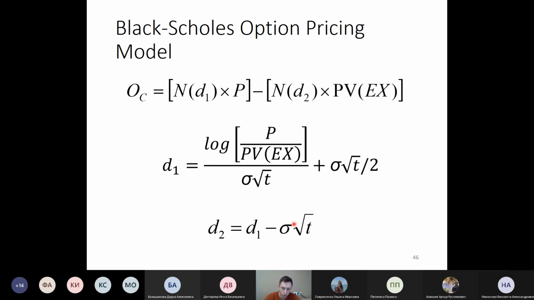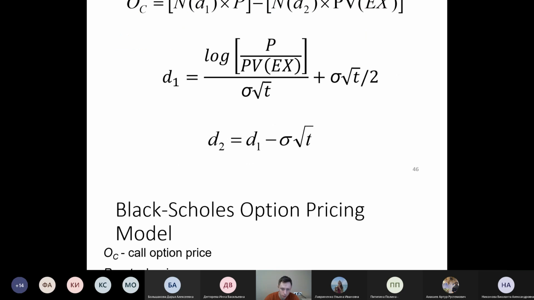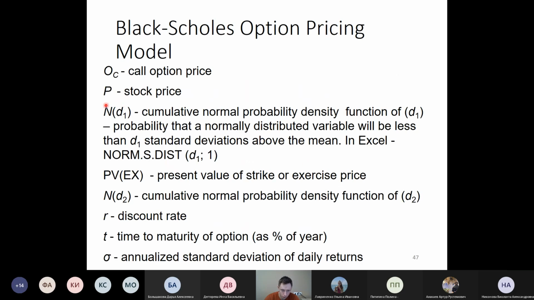And then we would re-estimate the d, and this N(d) operator, something that in Excel we would do with the formula NORM.S.DIST. It's a cumulative normal probability density function. So this is, in plain English, the probability that a normally distributed variable will be less than this value, that many standard deviations above the mean.